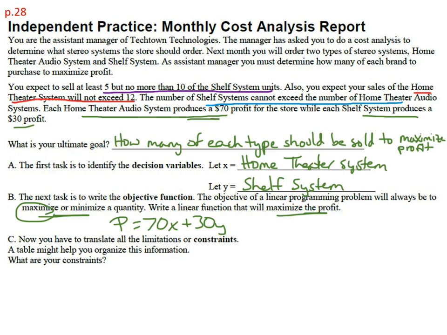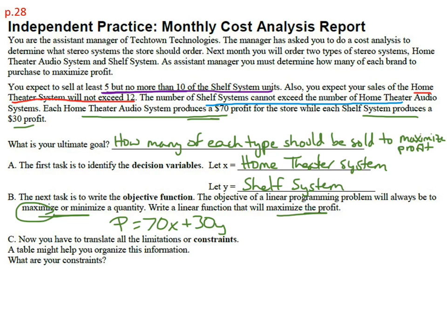Now we want to look at those limitations or constraints. You could make a table if you wanted to, kind of like what we did yesterday. If you want to set up the table, by all means go ahead. But I'm just going to go back through and look at what we underlined here. We want at least 5, but no more than 10 of those shelf systems.